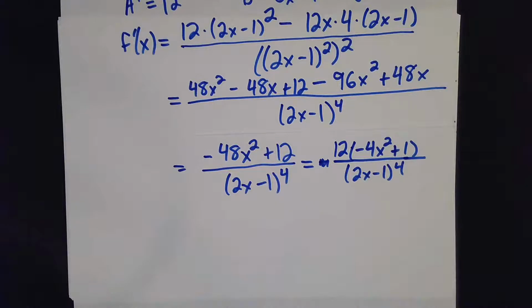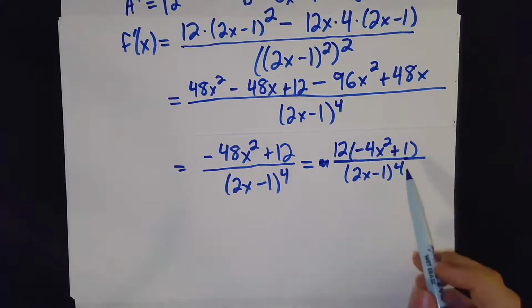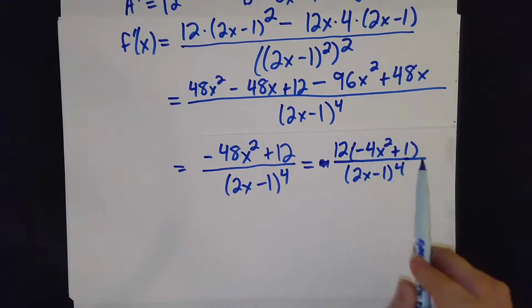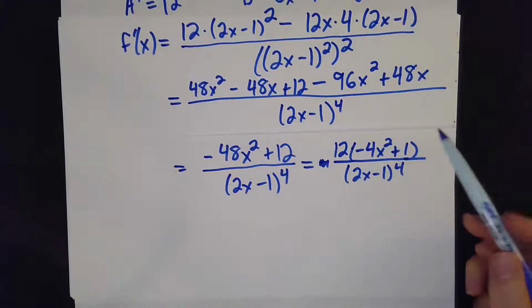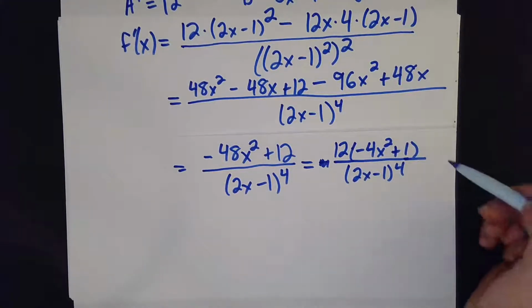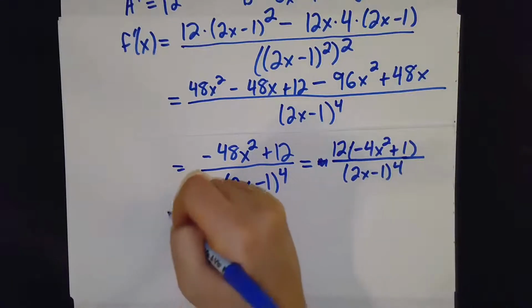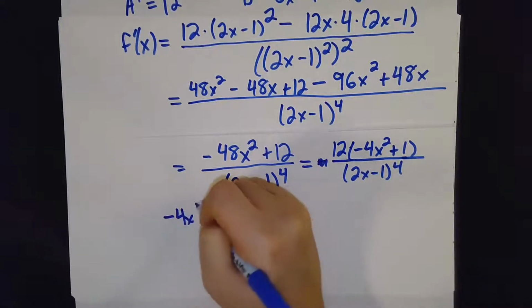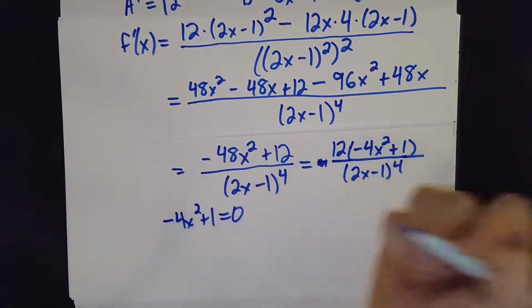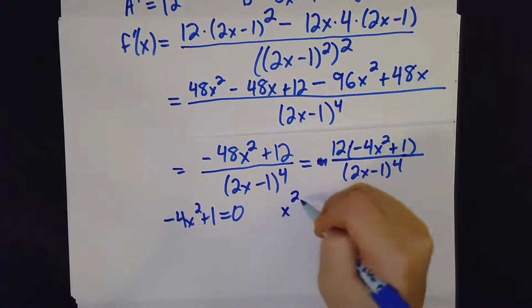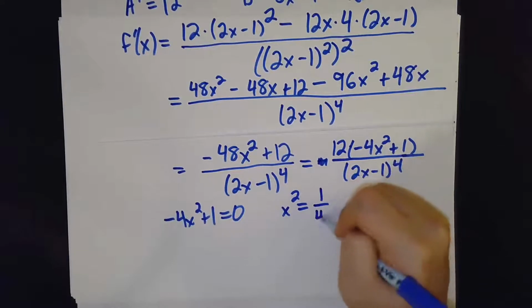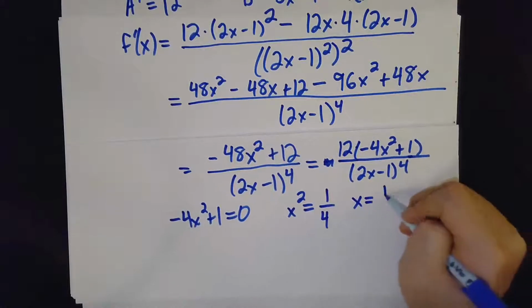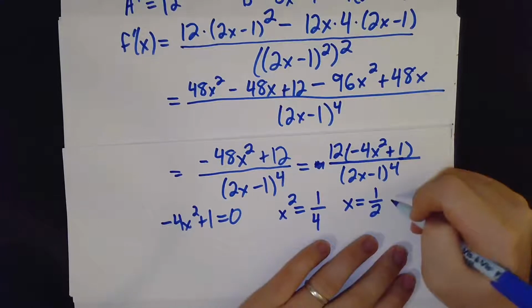Okay, so I want to know when this is 0, because I need to know my critical numbers. So I'm really looking at a fraction. I only really need to look at this piece. So I want to know when is minus 4x squared plus 1 equal to 0, which is to say when is x squared equal to 1/4, which is to say x is 1/2 or x is minus 1/2.